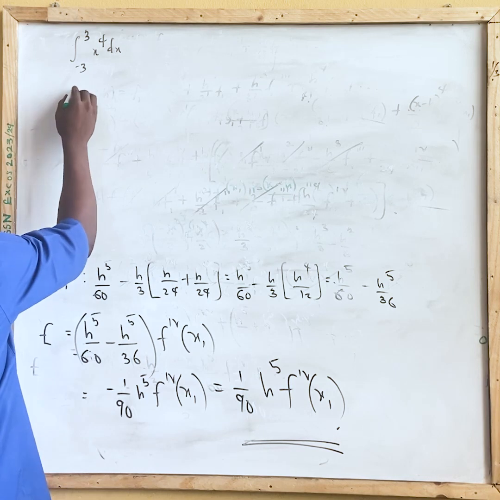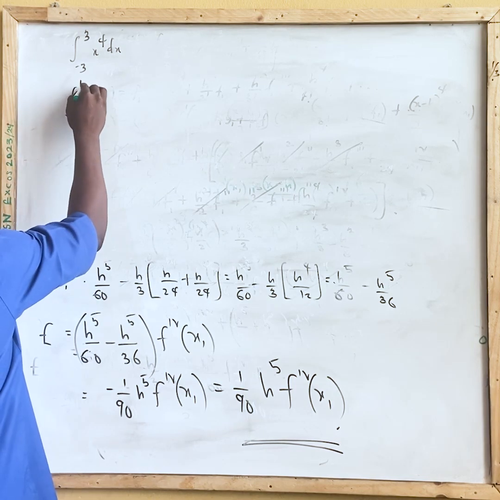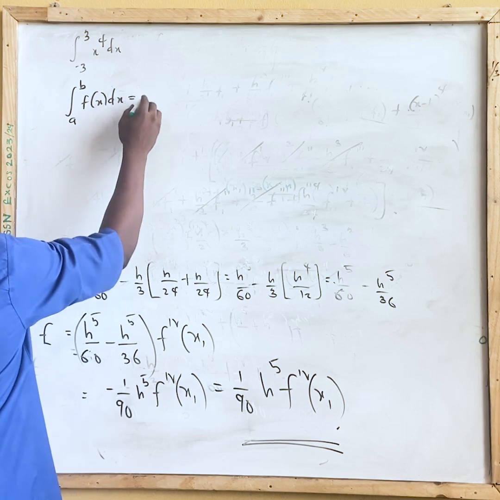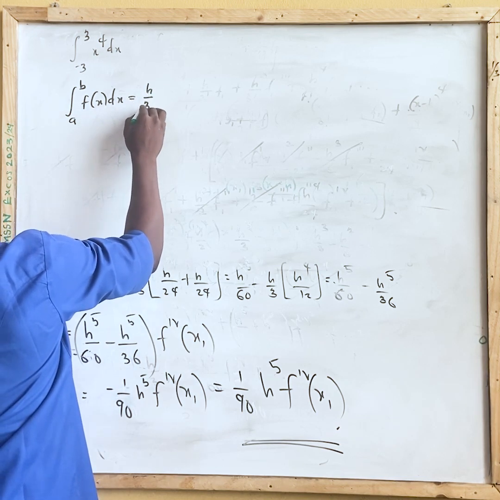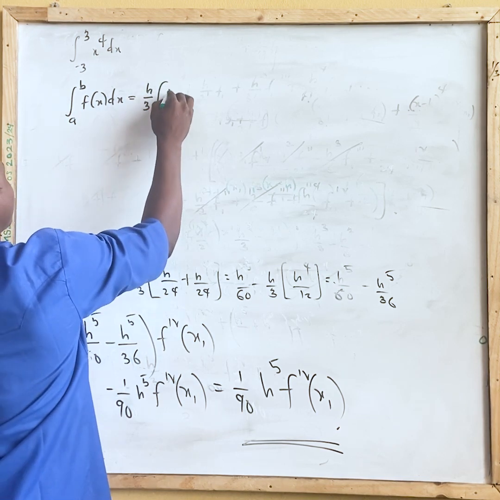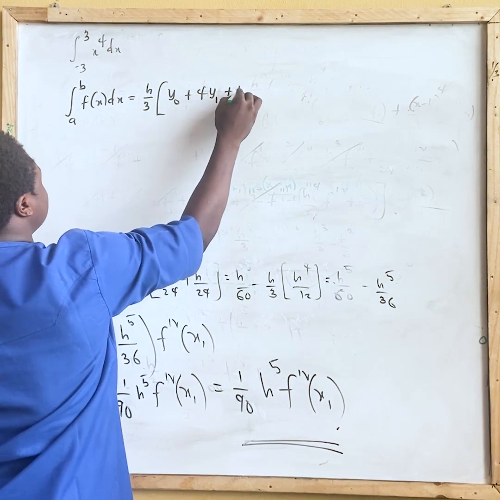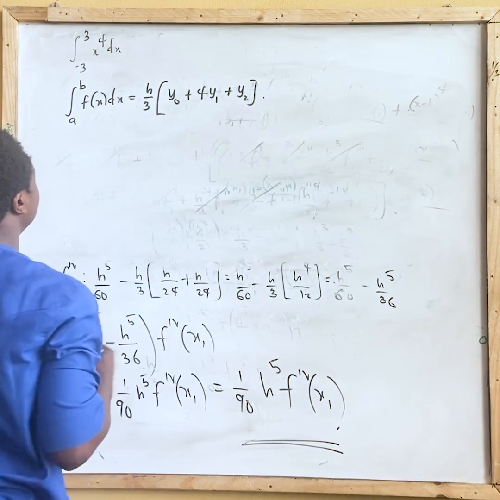The formula says that the integral from a to b of f of x dx is equal to h over 3 times y0 plus 4y1 plus y2.